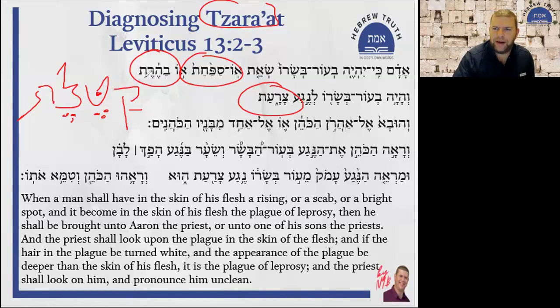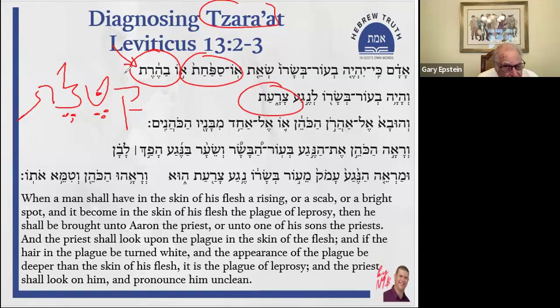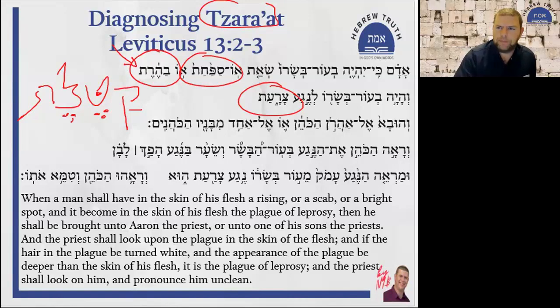So we have an example here, Baheret, which is whitening of the skin, a very pale or white skin defect. Same goes for Sapachat, but because of the chet, we have a changing of the vowels.